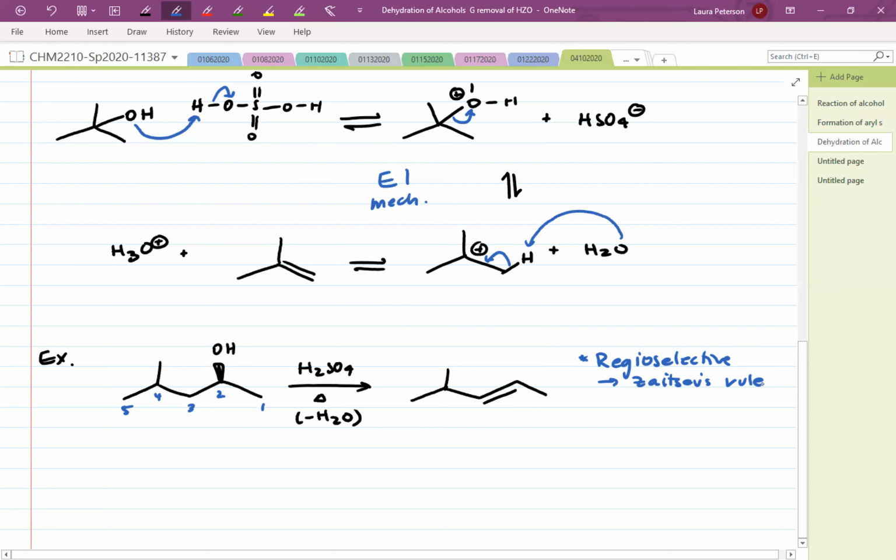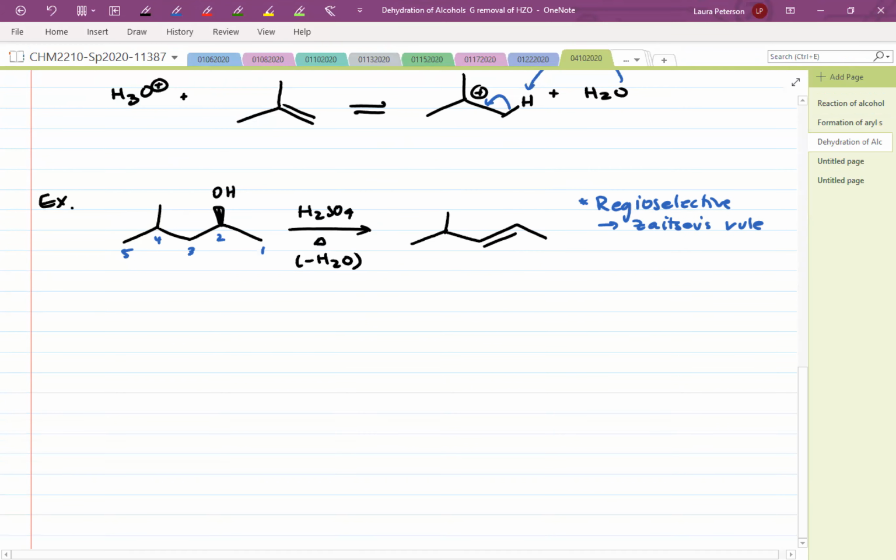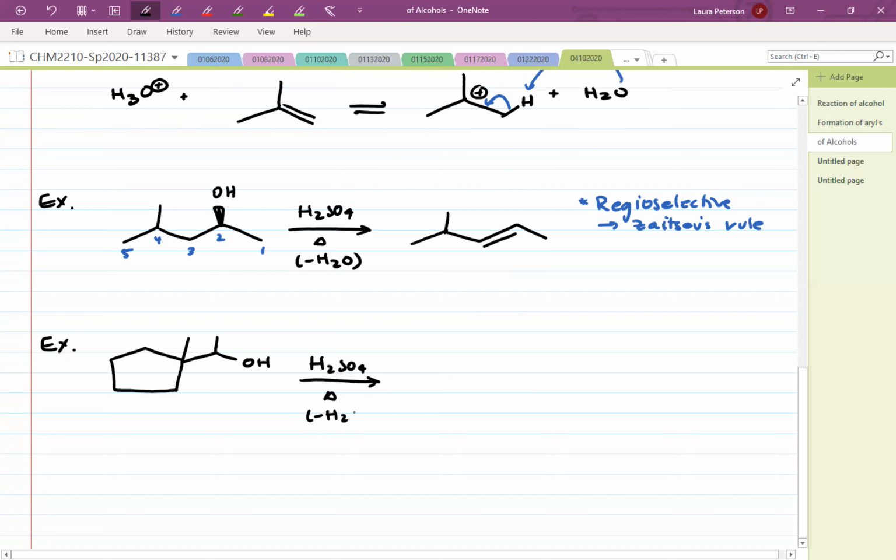So let's look at one last example of this reaction. Specifically, let's look at something with a carbocation rearrangement, since we haven't seen that in a while, just to make sure that we can still predict the products there. So let's look at this reaction, and we're going to do our dehydration with our strong acid, heat, remove water.